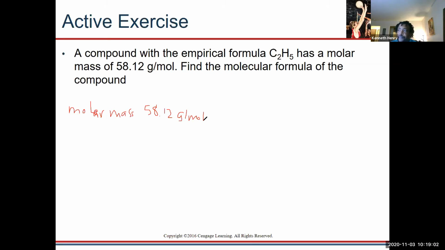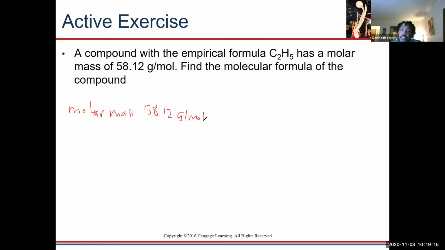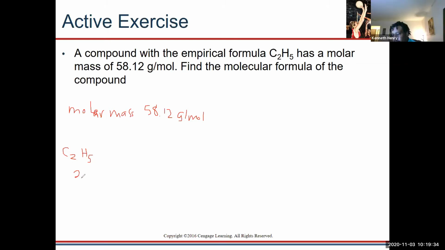The first thing I need to find. So we got the molar mass of the compound. Would it be the percentage of each one of them? Not the percentage, but we want to get the molar mass of the empirical formula. So how do I calculate the molar mass of C2H5? Well, wouldn't you start off with how much each one is per mole? Okay, so we got 2 carbons and 5 hydrogens.